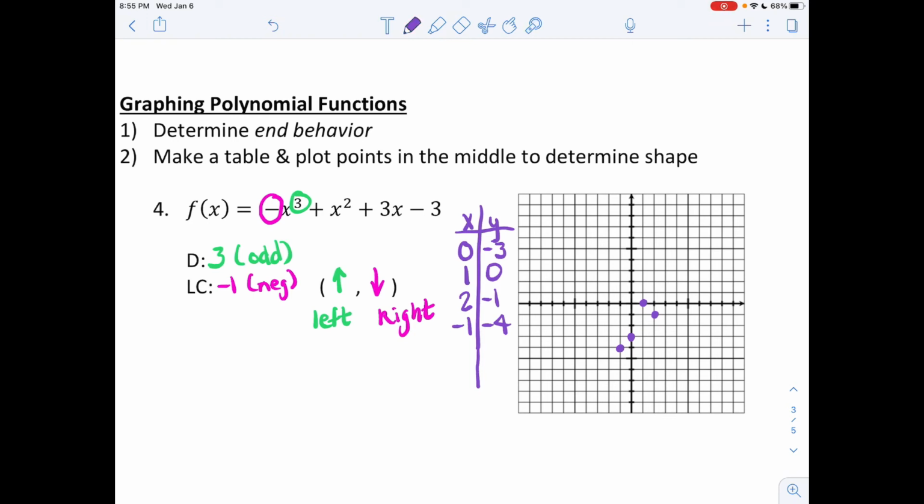All right, so let's continue until we get numbers that are going up from there. So at negative 2, that's going to be a negative 8 when I cube it, but then I have a negative sign here, so that's going to be a positive 8. I'll have a positive 8 and a positive 4, so we're up to 12.